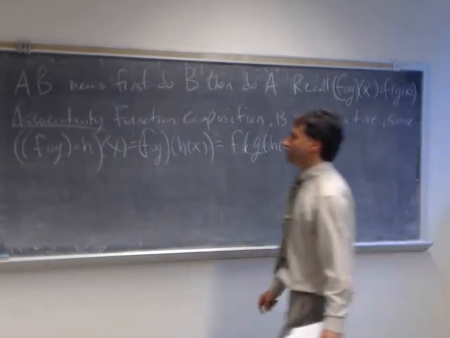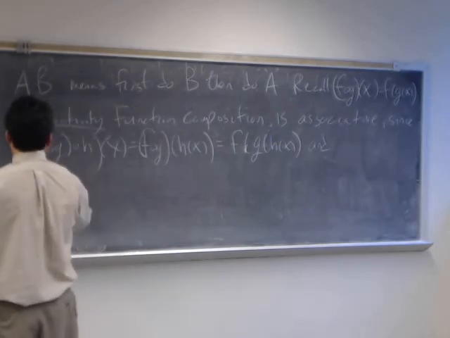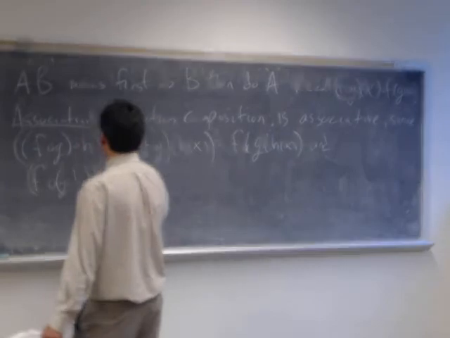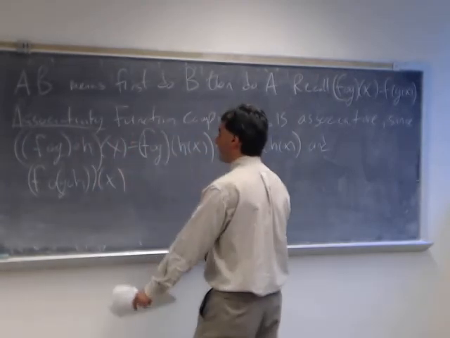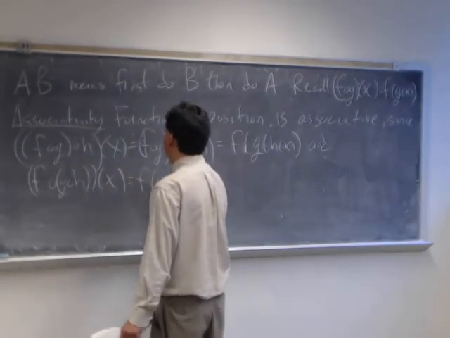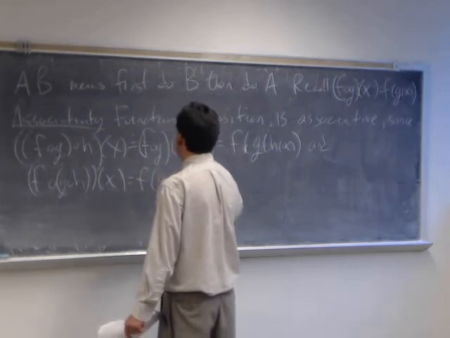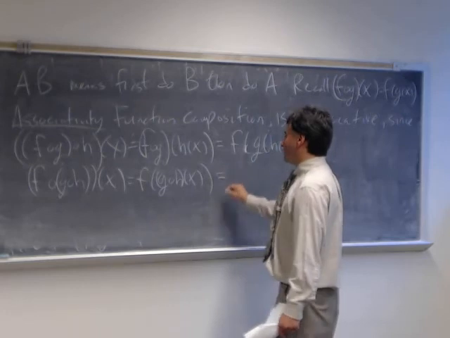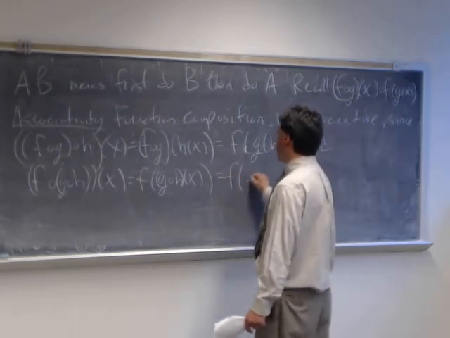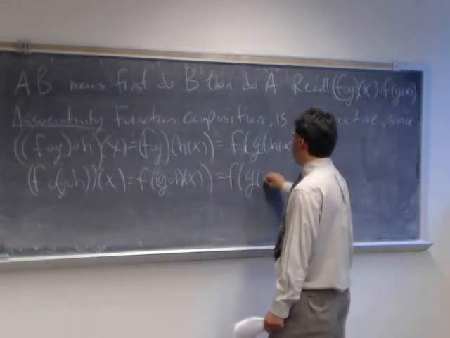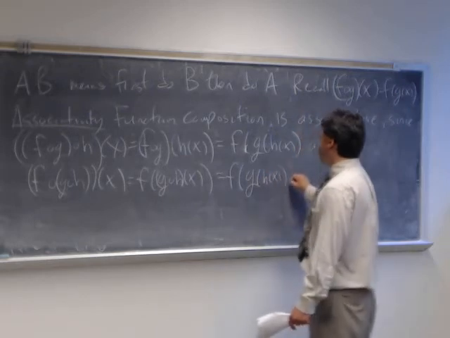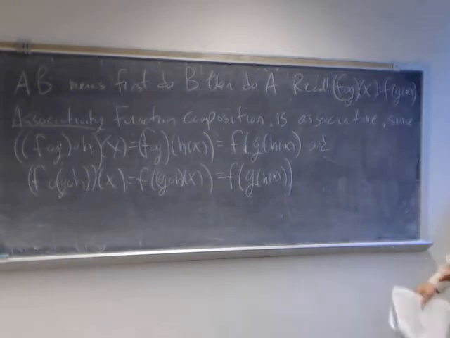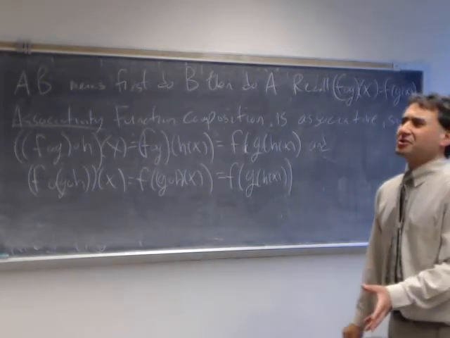And what about the other way? We put the parentheses there, that would be f of g composed with h of x. But by definition of function composition, that's just f of g of h of x. So really, associativity is in the nature of function composition.